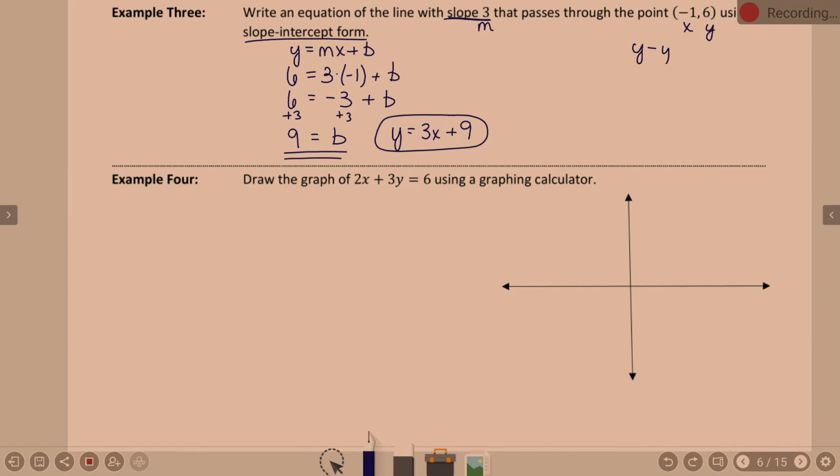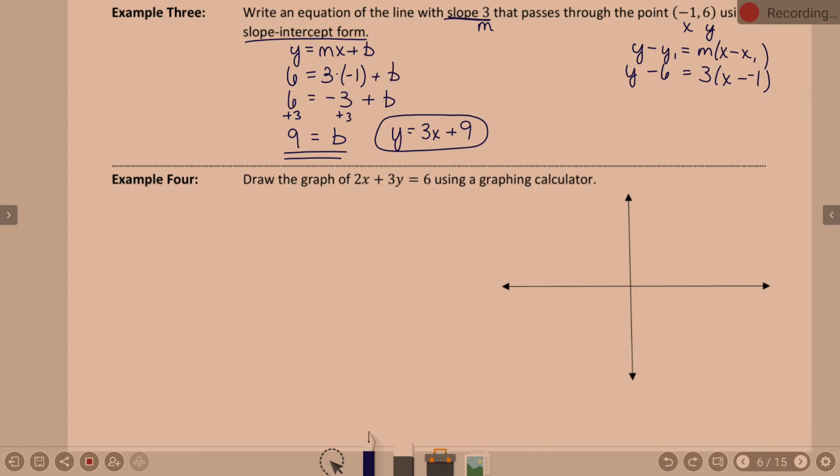Remember point slope that we just talked about? y minus y1 equals m times (x minus x1). If you fill that in, y minus 6 equals 3 times (x minus negative 1). Could you manipulate this to get to y equals 3x plus 9?